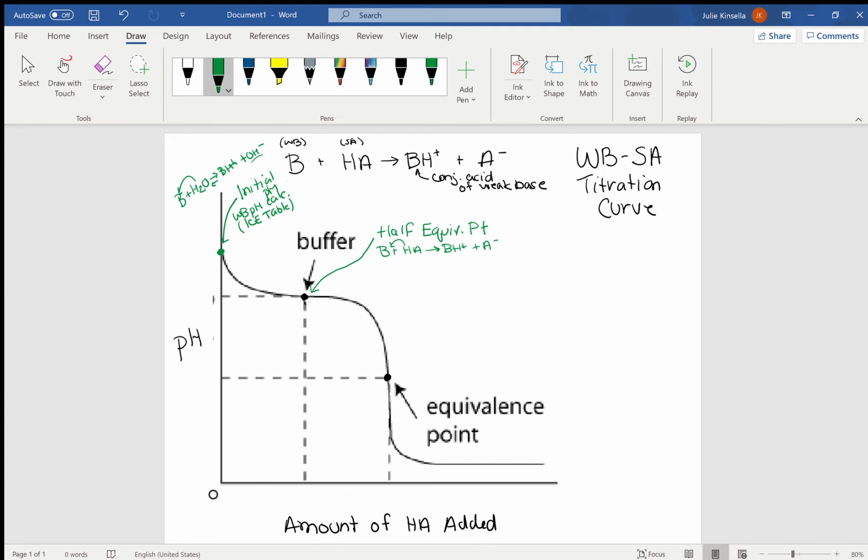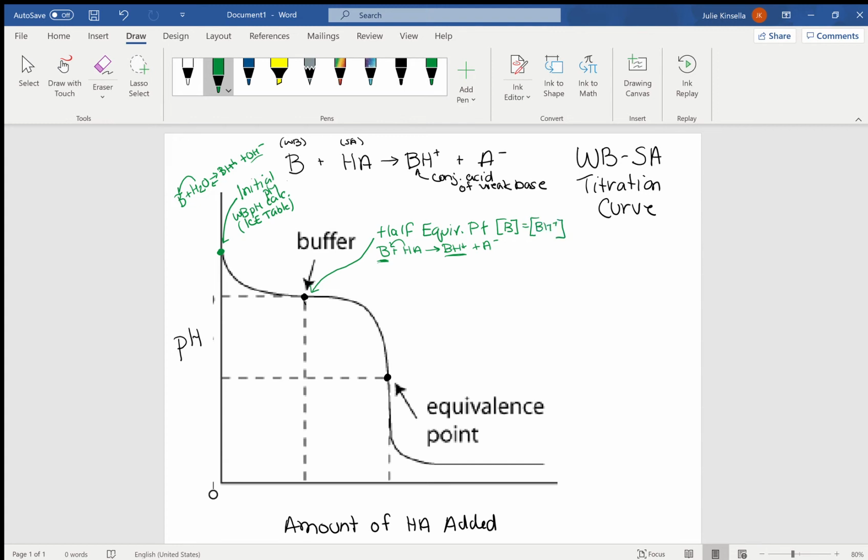So we're looking at the concentration of the weak base that's still remaining in solution versus its conjugate that's been getting produced as it reacts with the strong acid. So when we think about the half equivalence point, we're really talking about the concentration of the weak base being equal to the concentration of its conjugate at that point.